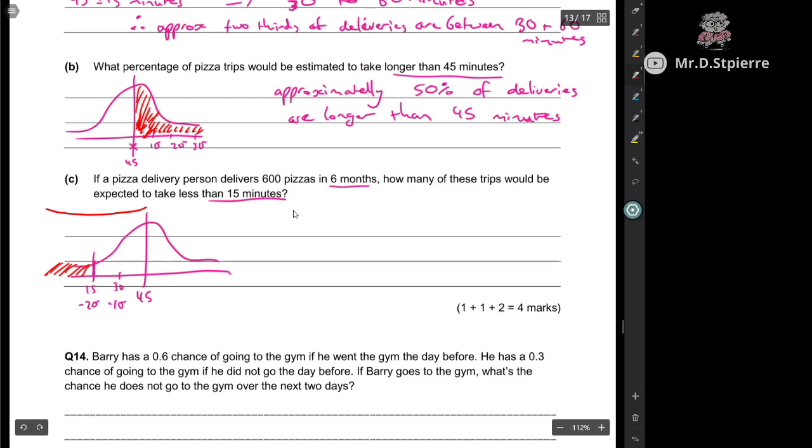We know a whole half is 50%. We know, and I'll just write this out, plus or minus 1 standard deviation is equal to 68%. I'll draw this in just quickly between there and 60. In here is 68%.